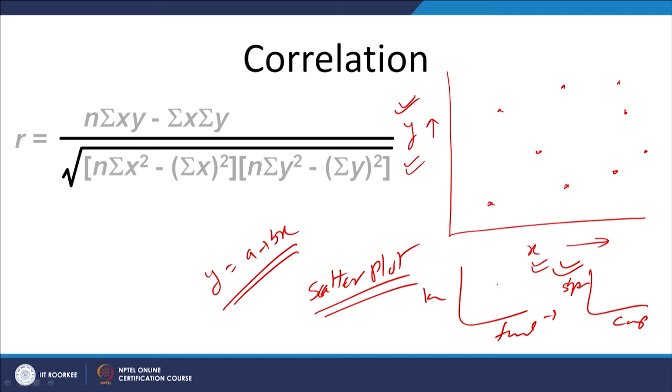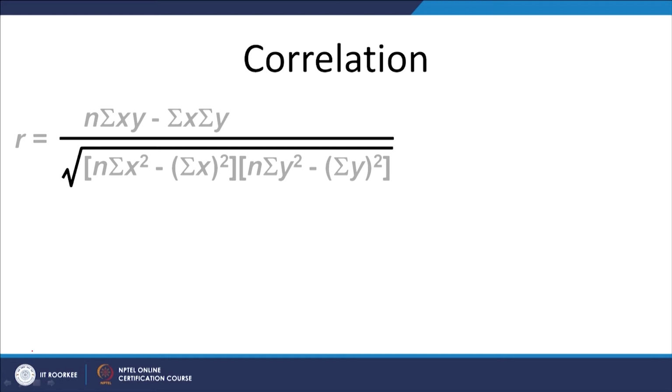There can be a number of things, but the way the y value changes with respect to x can vary significantly, and to understand that relationship we try to establish a correlation. So, a correlation coefficient is determined using the values of x and the corresponding values of y.